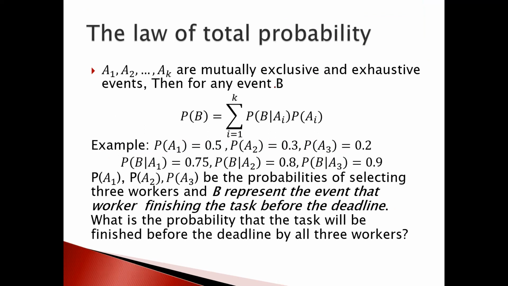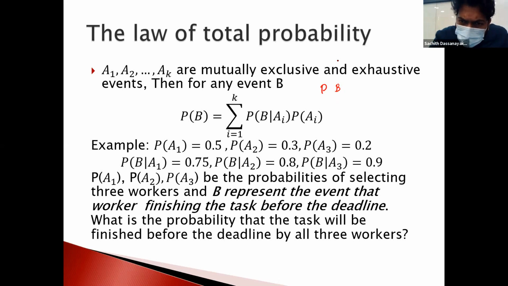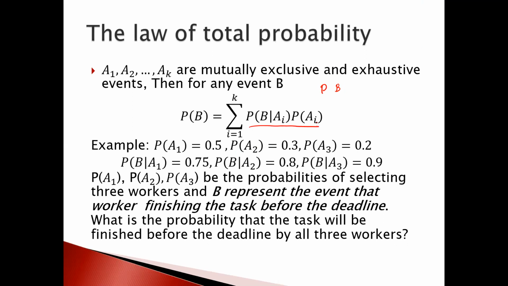So P of A intersection B will be the multiplication of P of A given B by P of B, right? Here, why will there not be P of B intersection Ai?